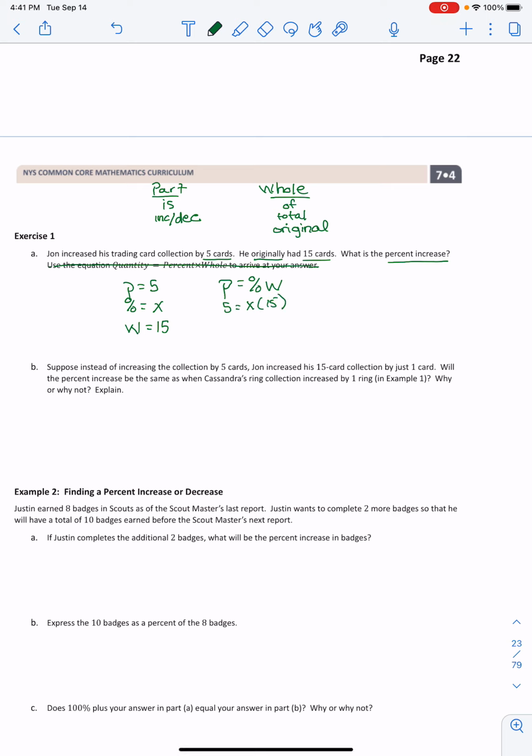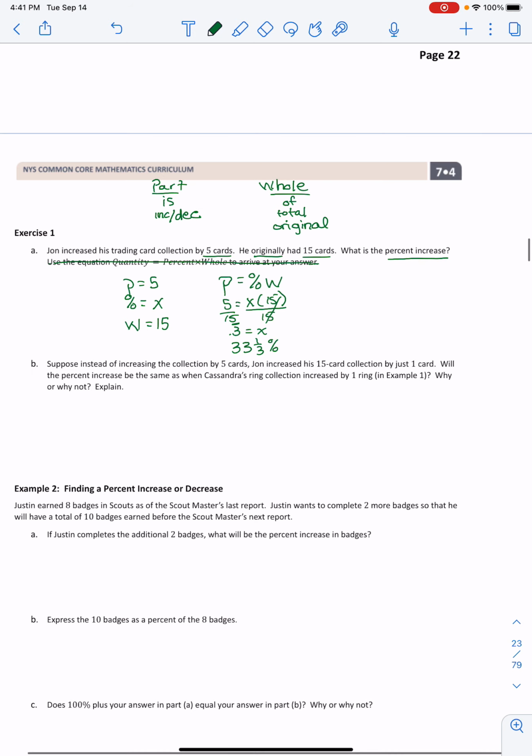So now we have divide both sides by the 15. So X is going to equal 0.3 repeating. And remember, we just talked about this yesterday. That 0.3 repeating is 33 and 1/3%.